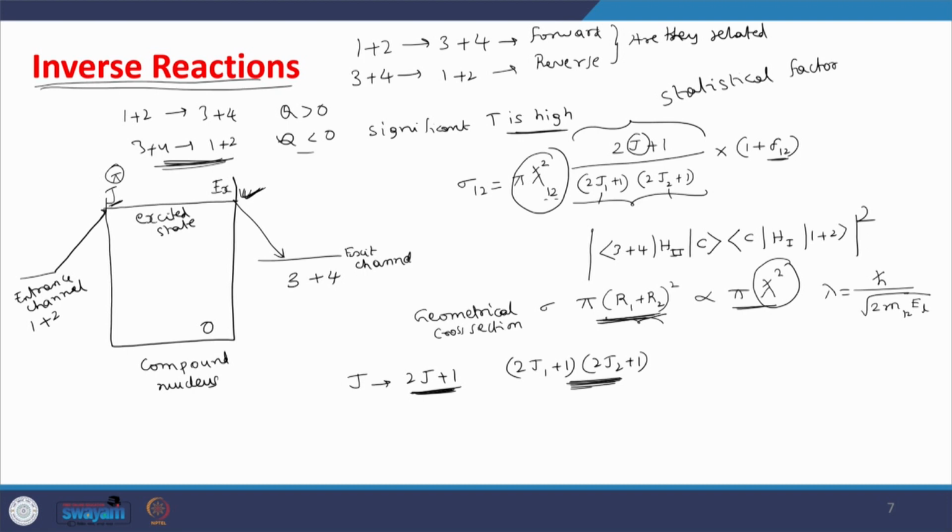What is the probability for the particle to get identified in one of these excited states? It is inversely proportional. More number of states, less probability for the particle to be identified. So, that is where this statistical factor comes into the picture. Think more about it.